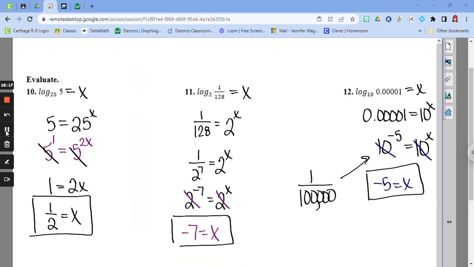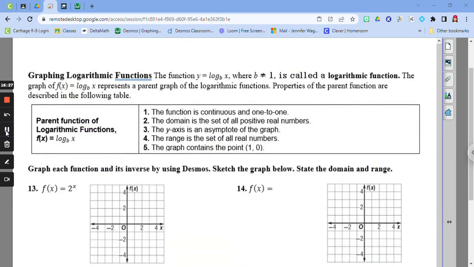The next part is graphing it. Graphing logarithmic equations, because we can find its inverse from an exponential equation. Looking at these, you've got all this information, but keeping in mind your domain and range are going to switch.